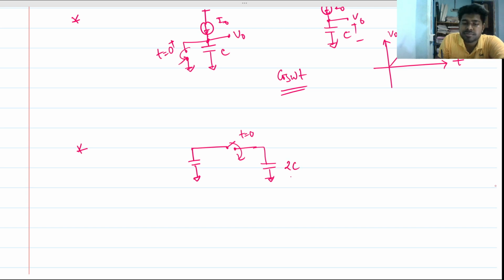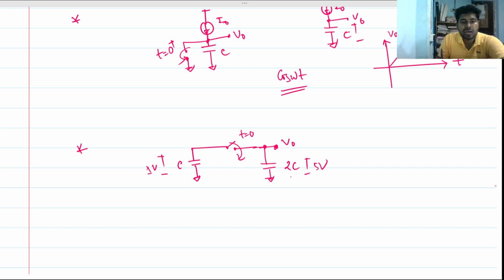This is C, and this is 1 volt charged initially, and this is 5 volt charged initially, and this is V out. This was my third problem, and sir asked what will be the steady state output voltage at this node after the switch closes at t equals 0.